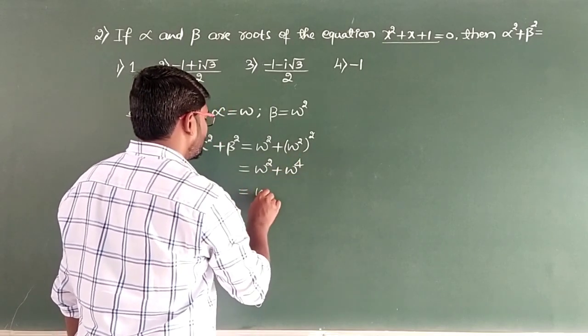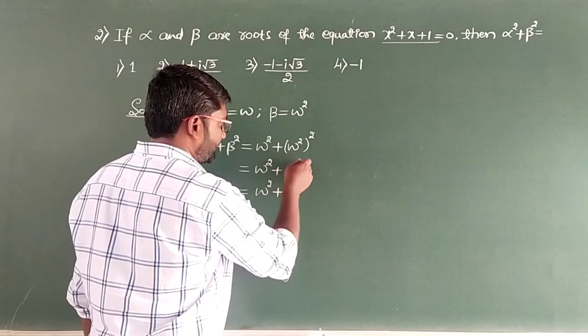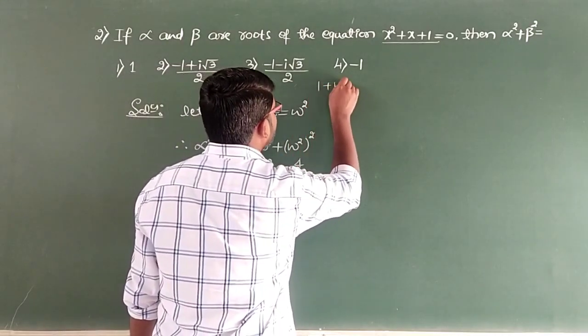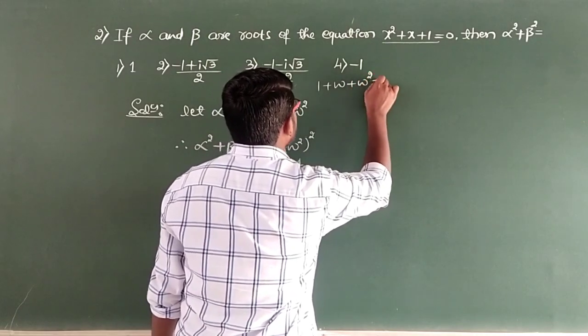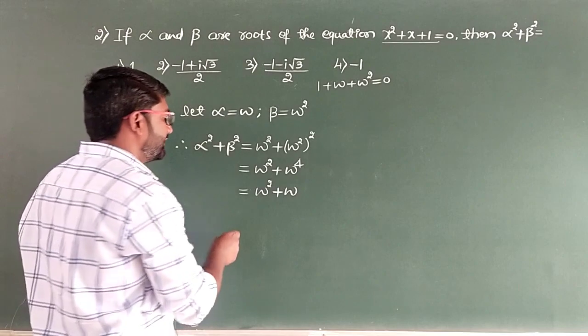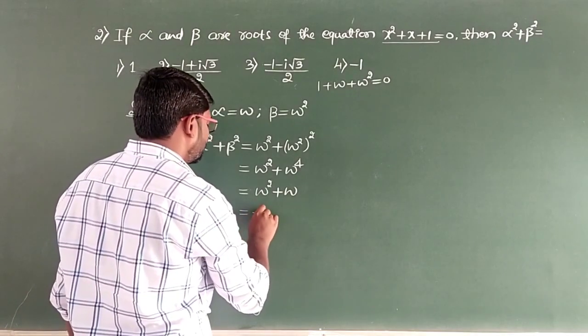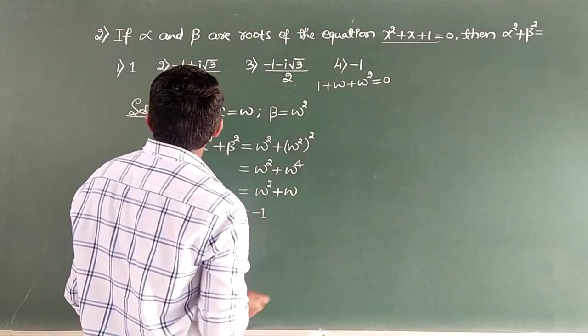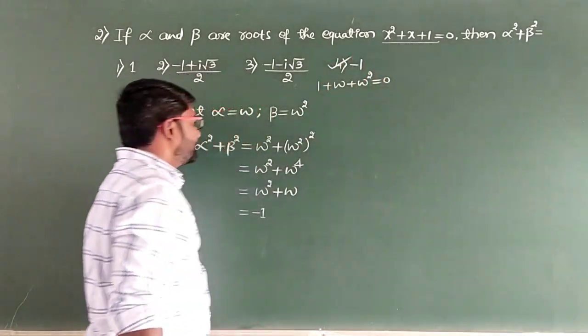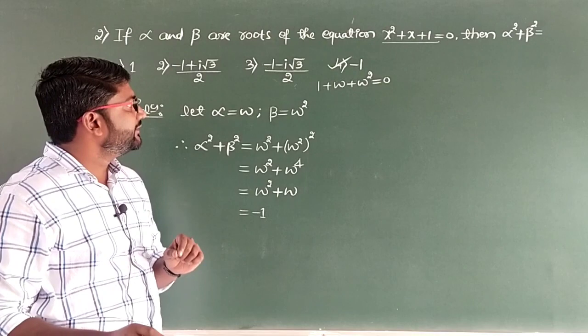So this is equals to omega square plus omega, as omega to the power 4 value it is omega, and we have the property 1 plus omega plus omega square equals 0. So from this omega plus omega square value it will be minus 1. Check the options now. Option 4 is the correct answer.